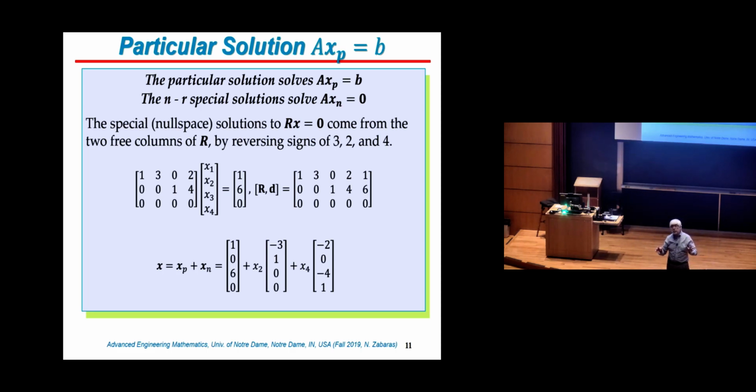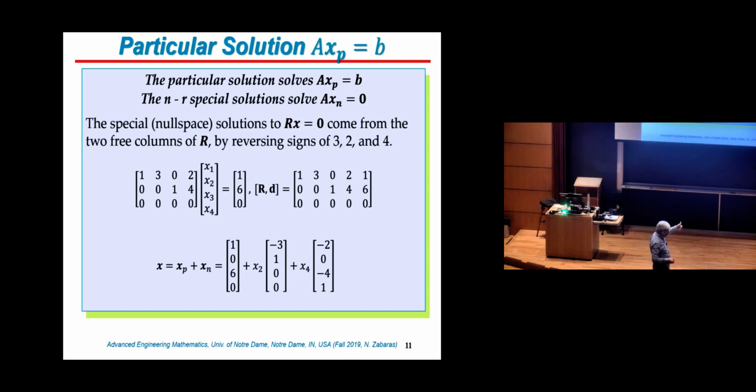So what do we do to define the special solutions? We take each of the free variables and we give it what number? We give it 1, and the other one 0. And then, with those 2 free variables, 1 and 0, we solve for what other variables? We solve for the pivot variables.